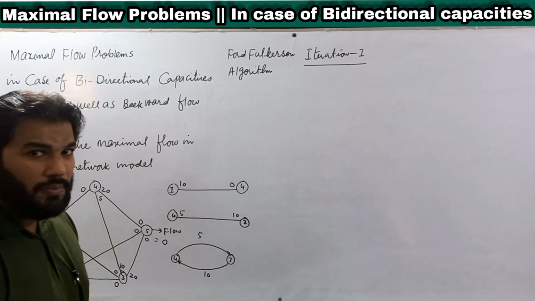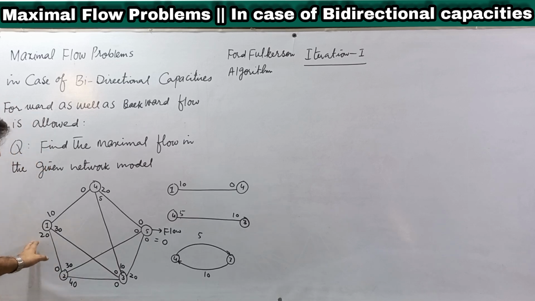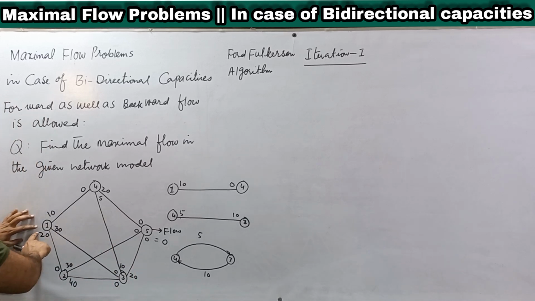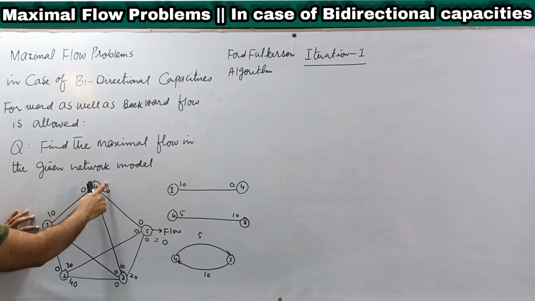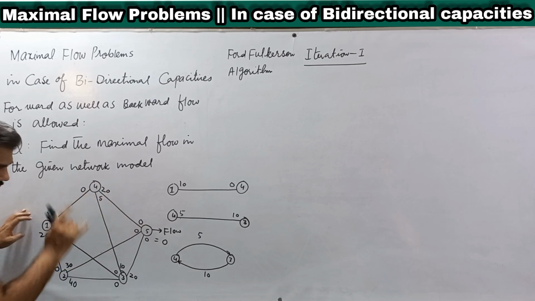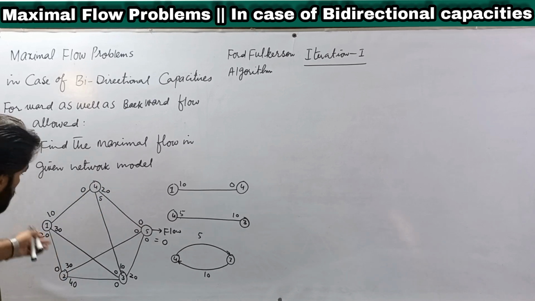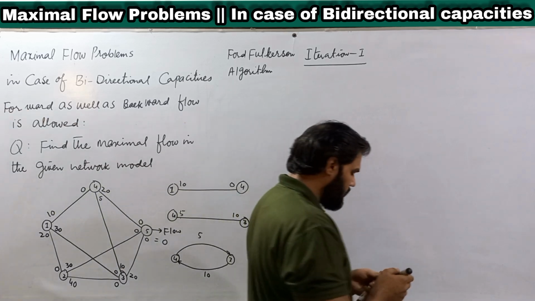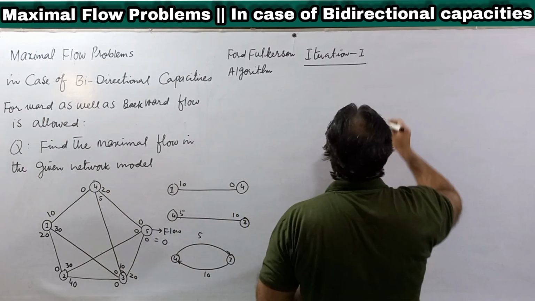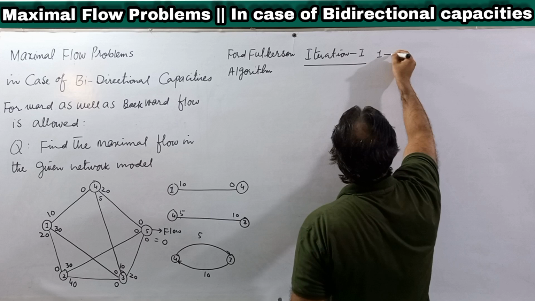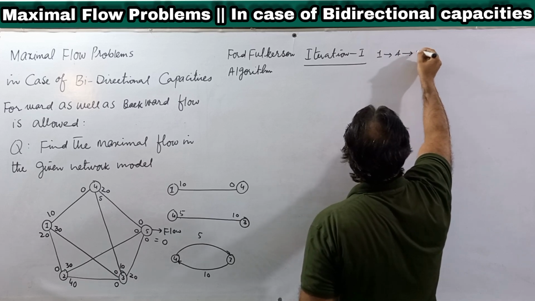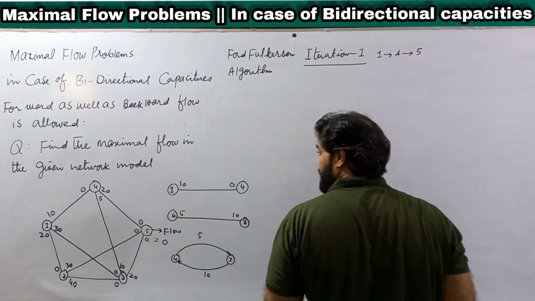So one of the augmenting paths that joins the source node to the sink node is: we move from node 1 to node 4 and then from node 4 to node 5. So the first augmenting path is node 1 to node 4 and node 4 to node 5.